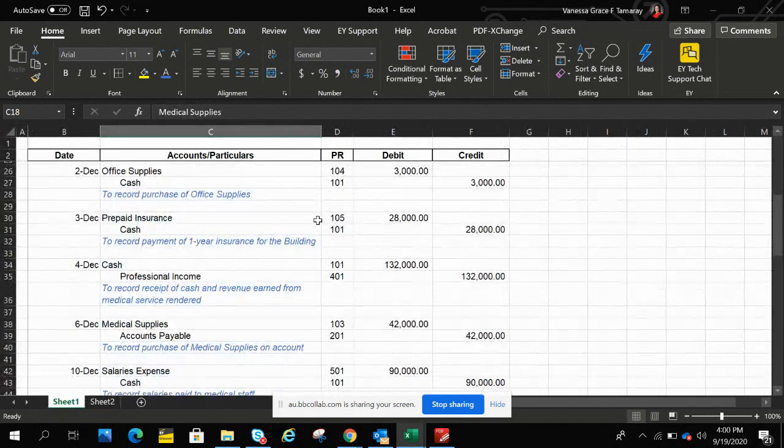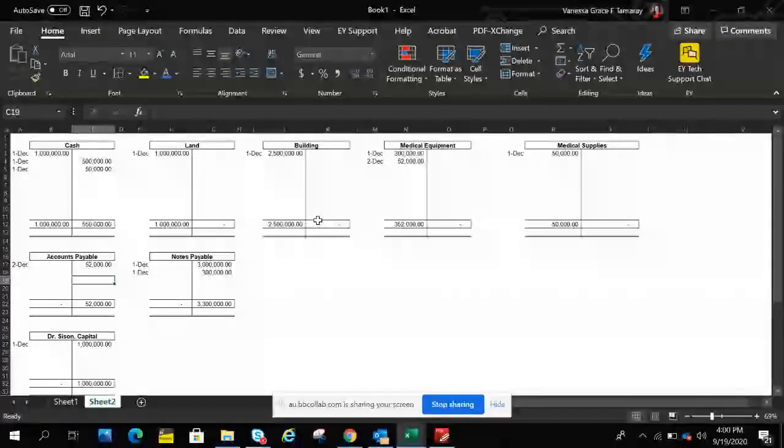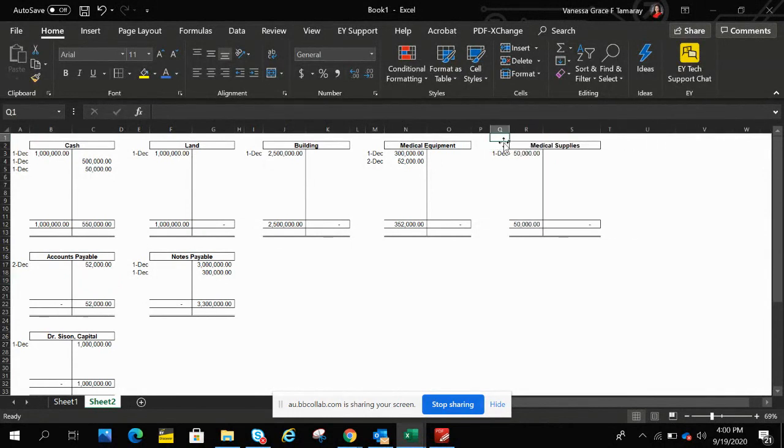Office supplies daw, bumili tayo and we paid in cash. So, debit office supplies. Sabihin lang natin, office supplies.